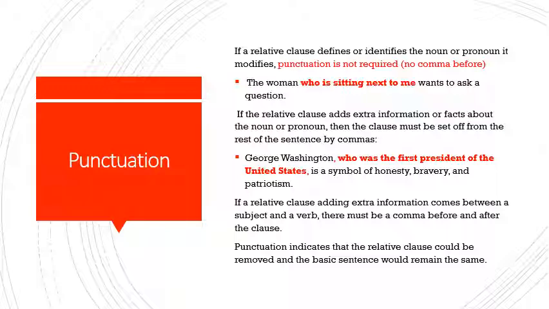In this sentence, George Washington is a proper noun identified by name, and the relative clause, who was the first president of the United States, adds additional information that is not essential to the meaning of the sentence. As a non-restrictive relative clause, it is separated from the main noun with commas. In essence, punctuation shows that the information is optional. Okay?